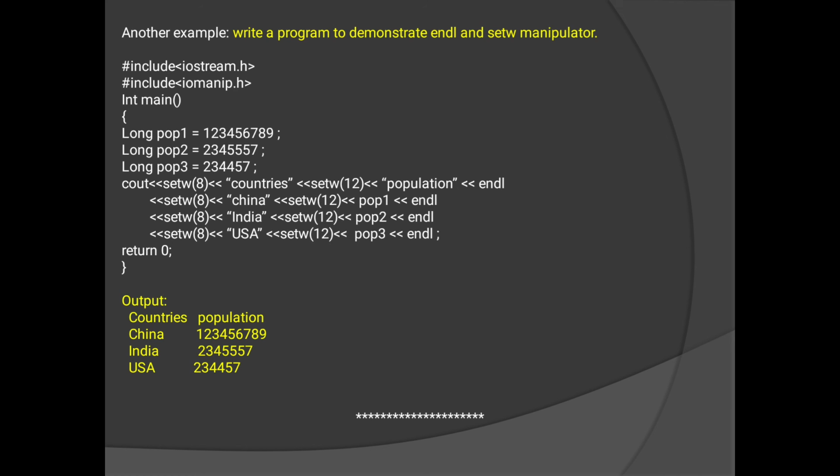You got it? Similarly, for India it will be the same, and for USA it will be the same. So that is how you set the field width of the data to be displayed using the setw manipulator.